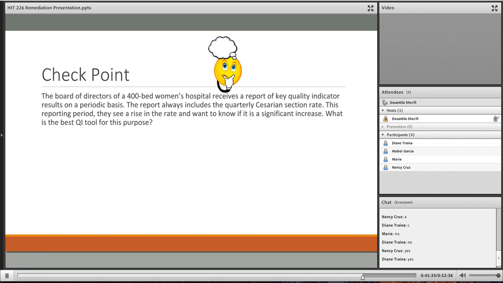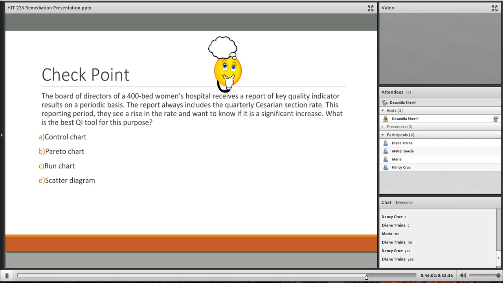Okay, one more checkpoint, and I'm going to make sure I don't reveal the answer too quick. So the board of directors of a 400-bed women's hospital receives a report of key quality indicator results on a periodic basis. The report always includes the quarterly C-section rate. This reporting period, they see a rise in the rate and want to know if it is a significant increase.